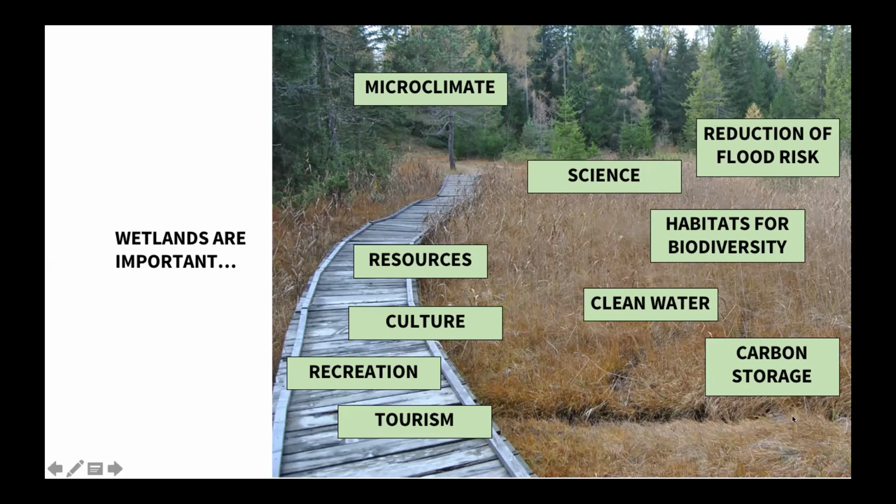They're important, especially when we think about peatlands, for carbon storage, because a lot of peat is accumulated in peatlands, and this peat contains carbon. And obviously, there are many other benefits, like they're important for climate, because they regulate microclimate.